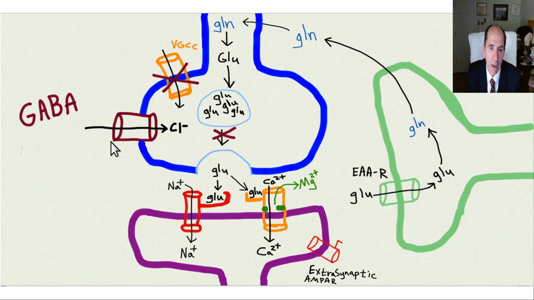GABA is about 5% of the brain neurotransmitters, and this will shut things off. It lets chloride in, which makes the resting membrane potential more negative inside the neuron, and that helps to turn it off. So GABA will help to block all this. Glutamate is turning the light switch on to activate things. GABA is turning the light switch off, to deactivate a neuron.